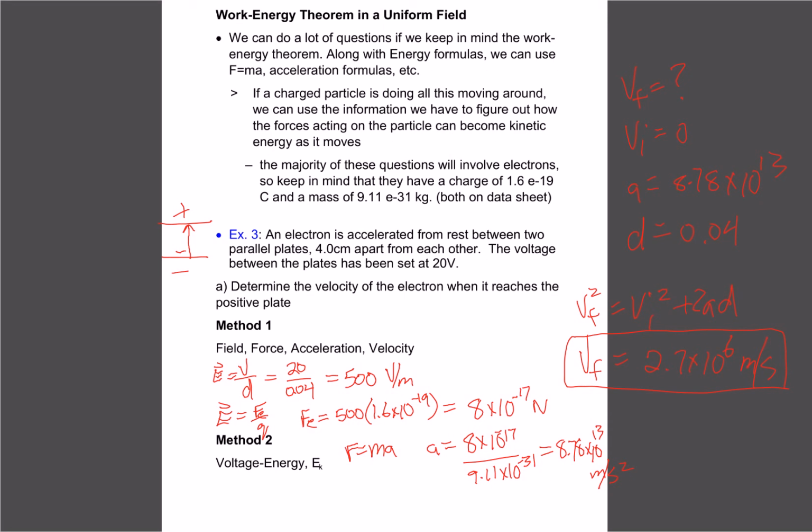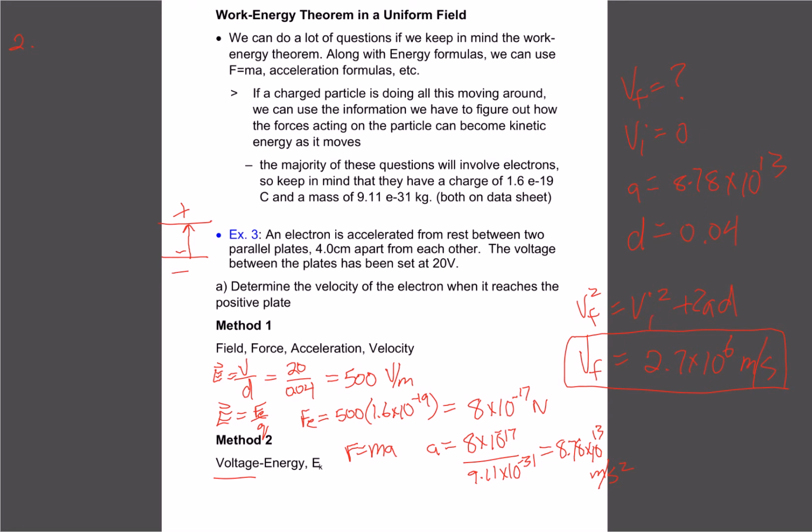Method 2, I just want to show you on here, maybe a quicker or easier way for you to understand this, and I want to just show you that we do get the exact same thing. So for method 2, I'll do it over on the side here. We want to use the voltage to calculate energy.